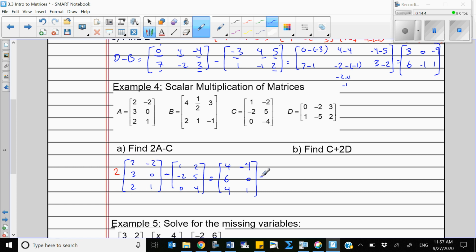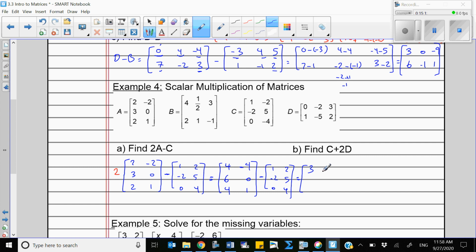Now we're going to subtract matrix C here. -2, 5, 0, and 4. We know that in order to subtract the matrices, we just need to subtract the corresponding elements or entries. So that will be equal to 4 minus 1, which is 3.